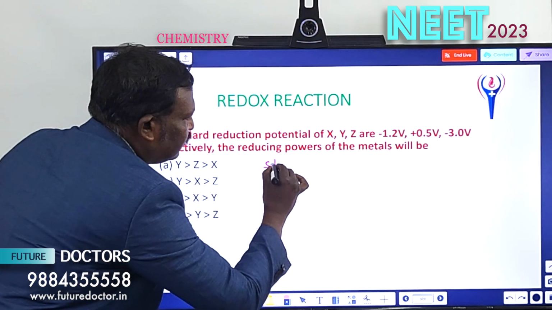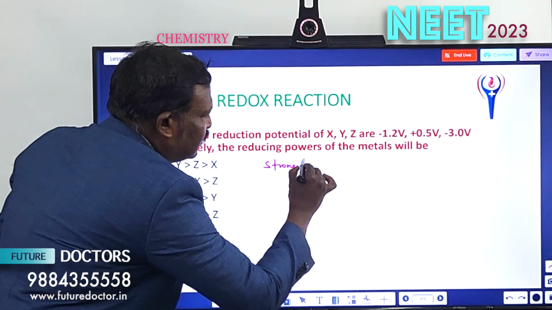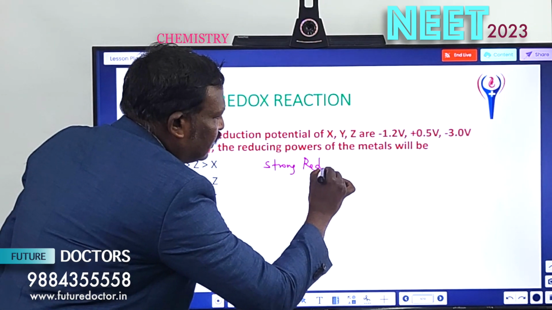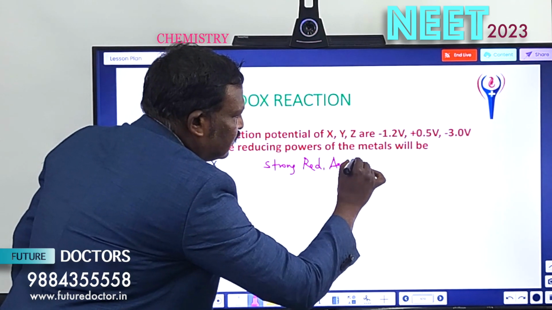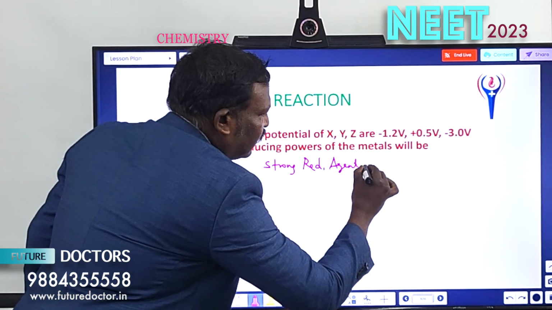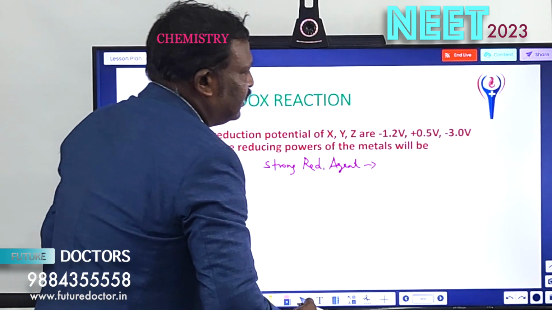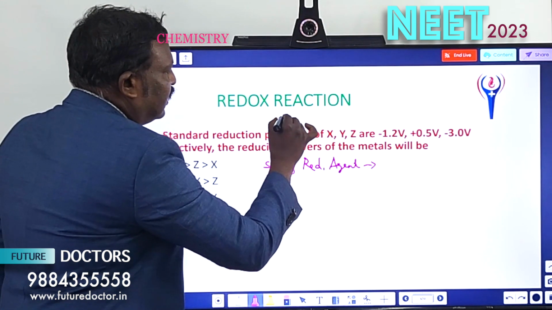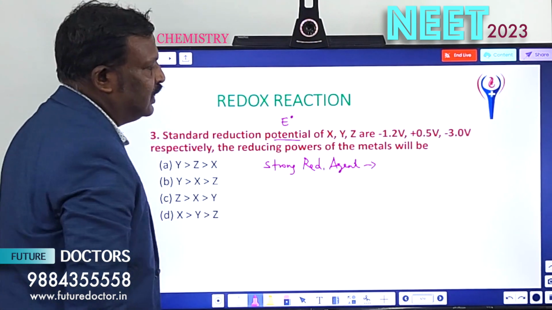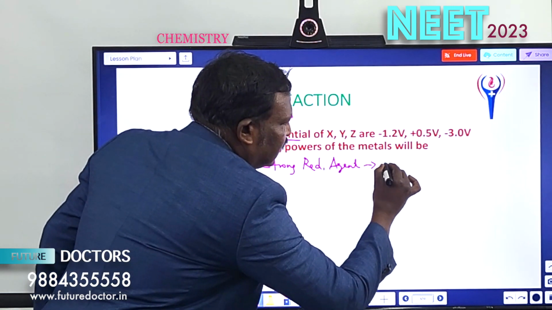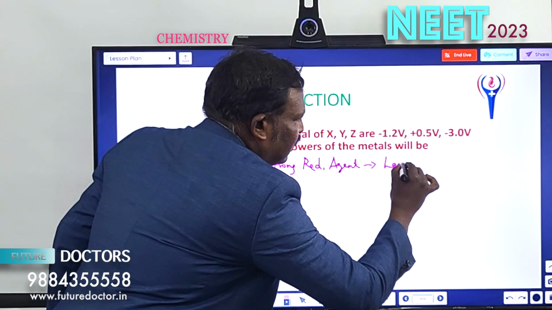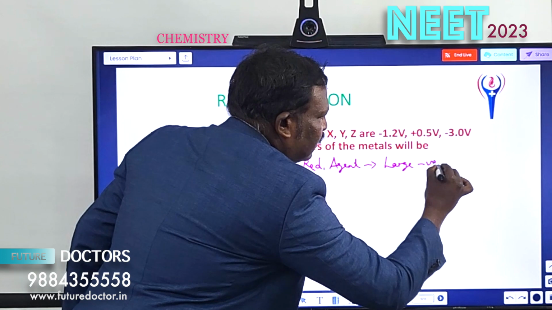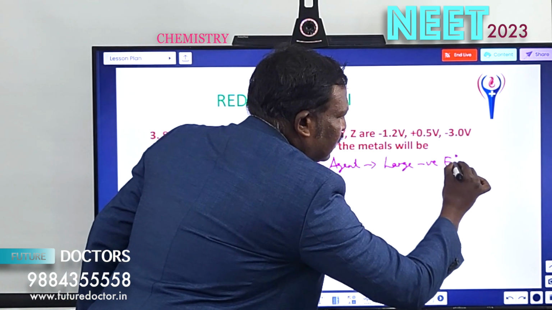Strong reducing agent means the value will be what? The potential value I consider as E naught, the standard reduction potential E naught. Just remember, large negative E naught value. Understood?